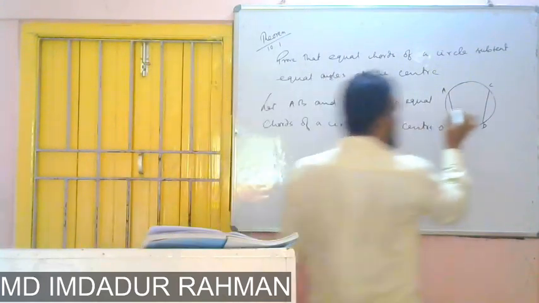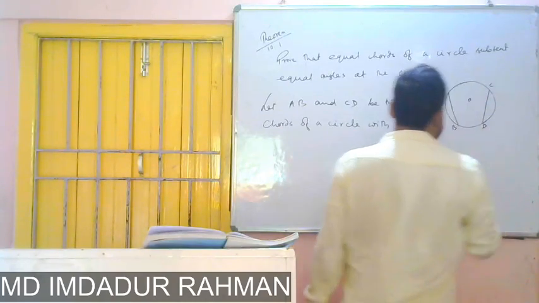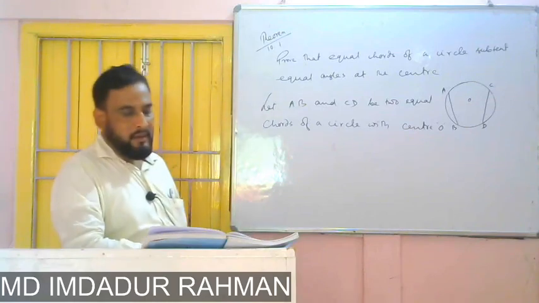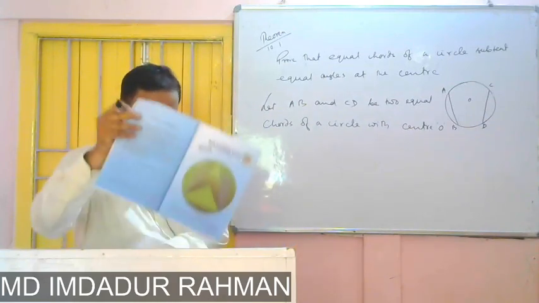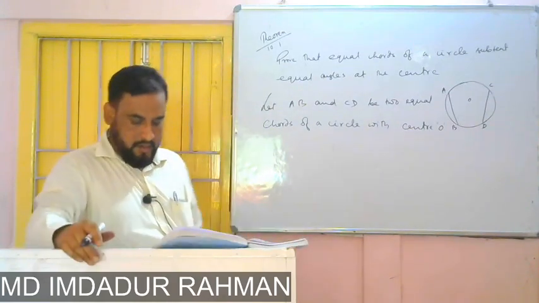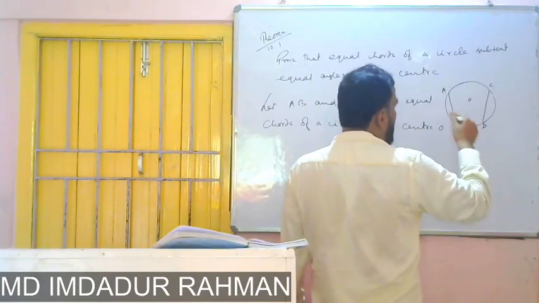So here the center is required, O. We need to prove that these two chords subtend equal angles at the center.